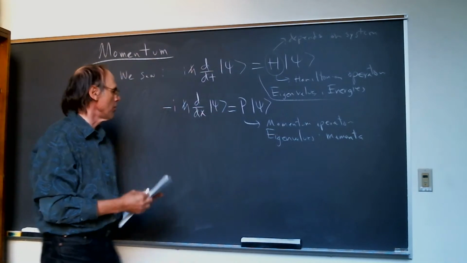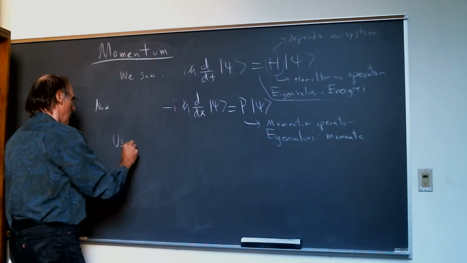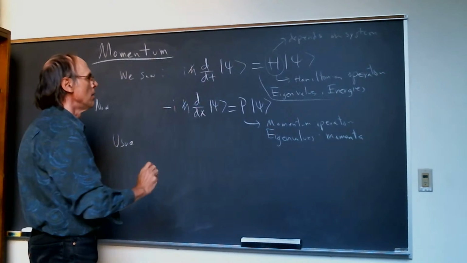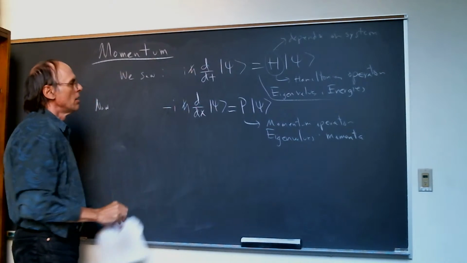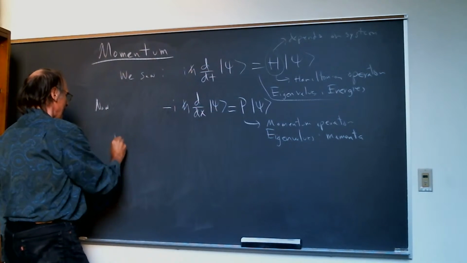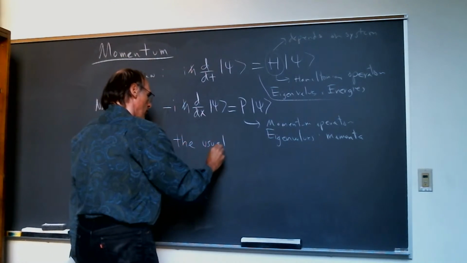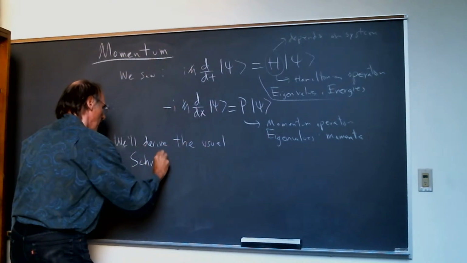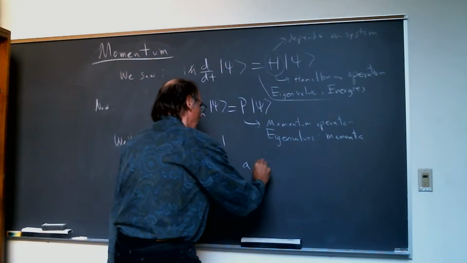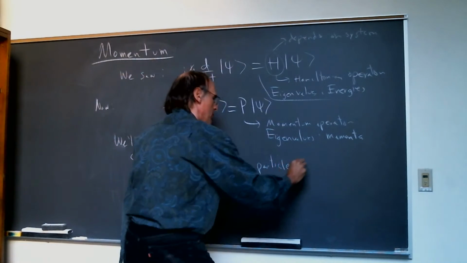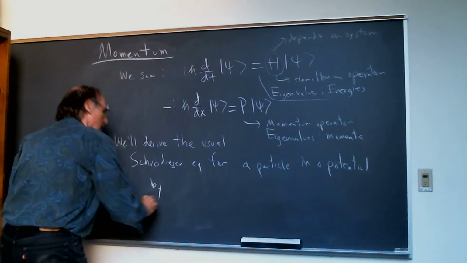And what we're going to do is derive the usual Schrodinger equation for a particle in a potential by setting H.